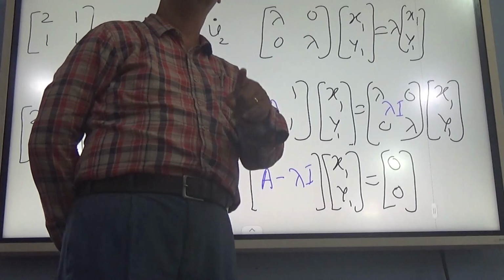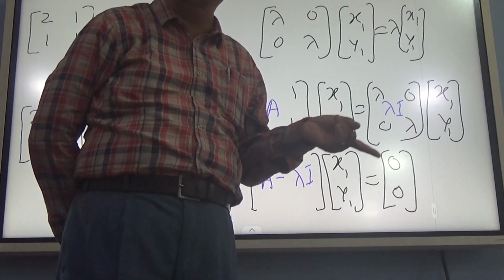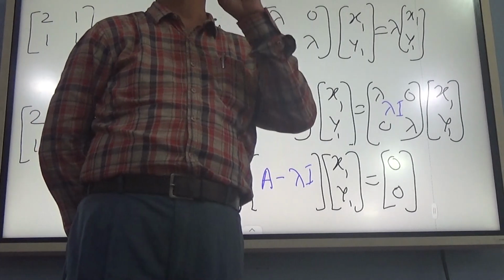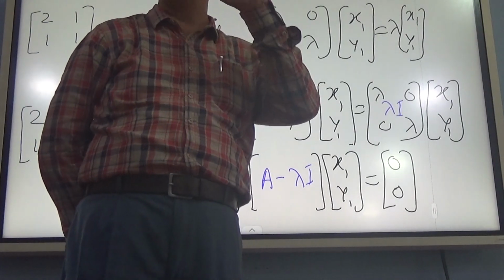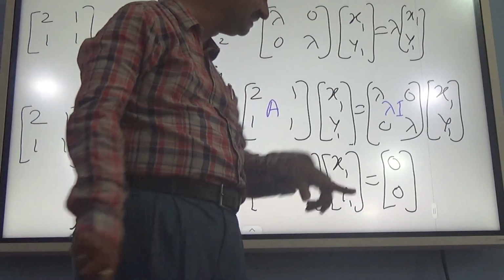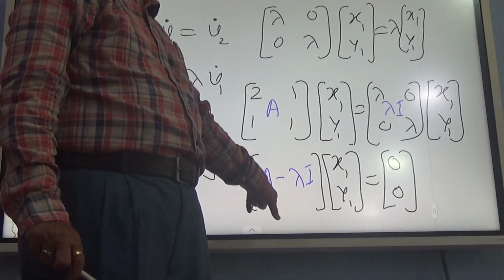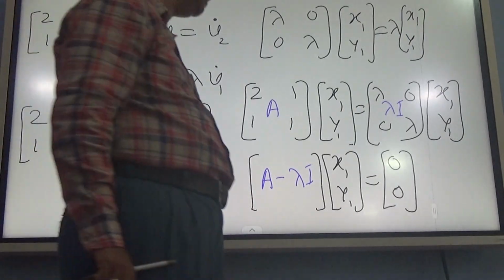Is it possible for a non-zero vector to have Av equal to lambda v? So in that case, if this is not 0, then this must be 0. Right? Is it okay? So A minus lambda I must be 0. What is A minus lambda I?